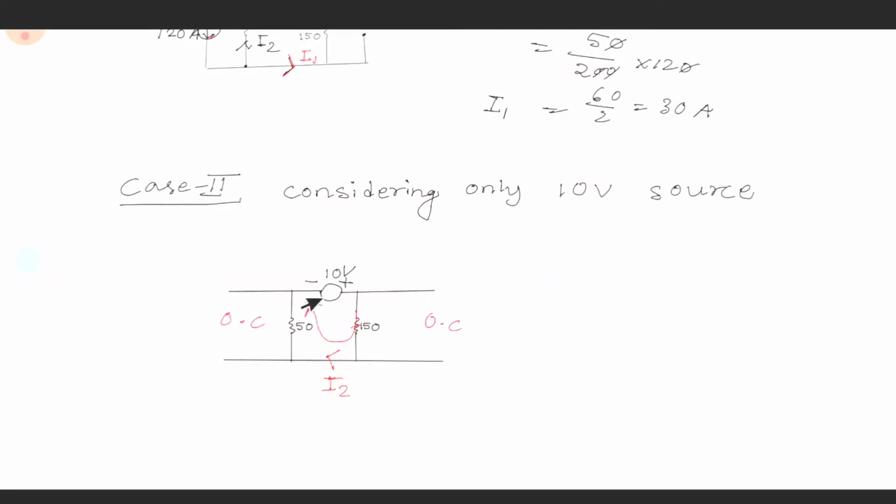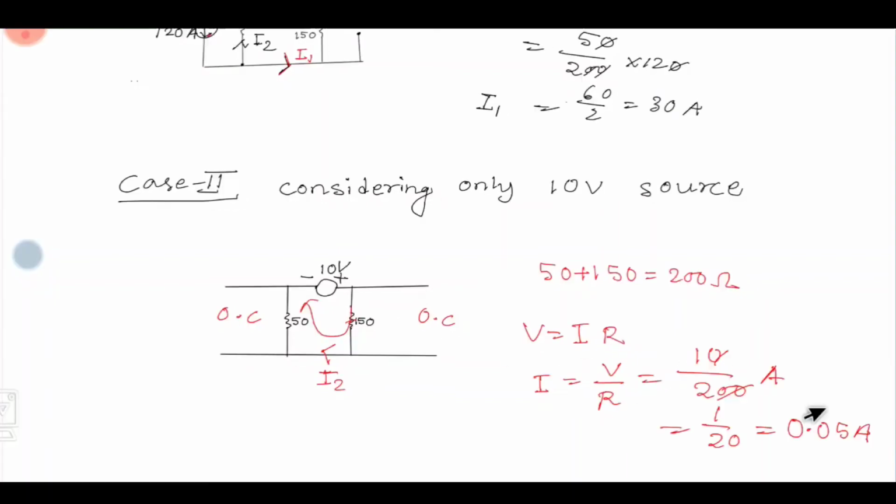So total resistance is 50 plus 150, that is 200 ohm. Now the current in this branch would be, we know V equals IR according to Ohm's law, and I equals V by R. Here V is 10 volt. So now for case 2 we have determined the response, that is I2.